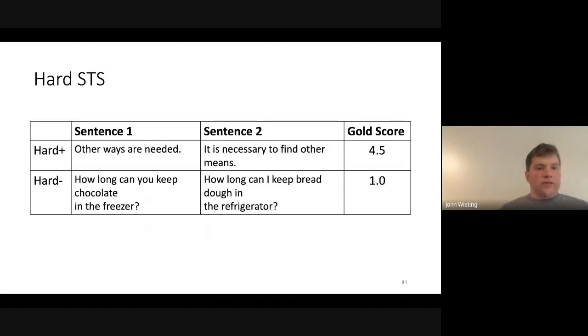And to also measure one of the weaknesses of our earlier work, this inability to reflect word order, we created this hard STS data set where we looked at sentence pairs that had very high overlap, but actually ended up being negative. And similarly, pairs with very little overlap that ended up being positive, like in the first row.